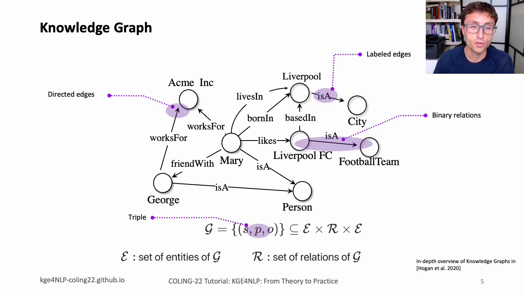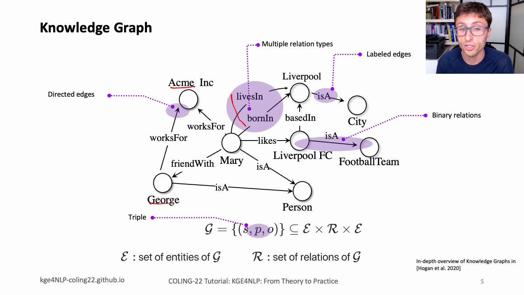Edges are directed, so there is always a subject and an object of a statement. And it's also important to point out that nodes are connected with multiple relation types, so nothing prevents you from adding multiple link types between two nodes, like in the picture here. Now, the set of triples or statements that we see in the picture here make a knowledge graph, right?